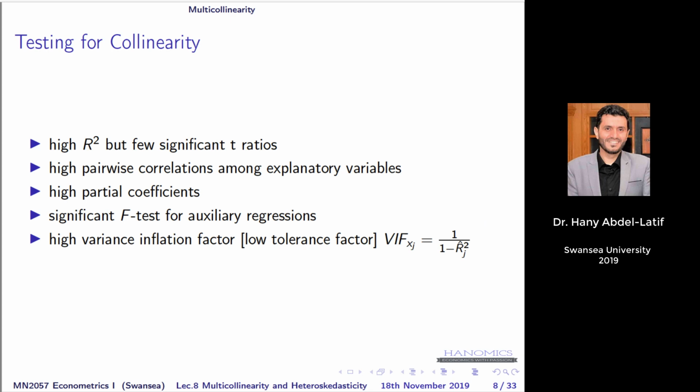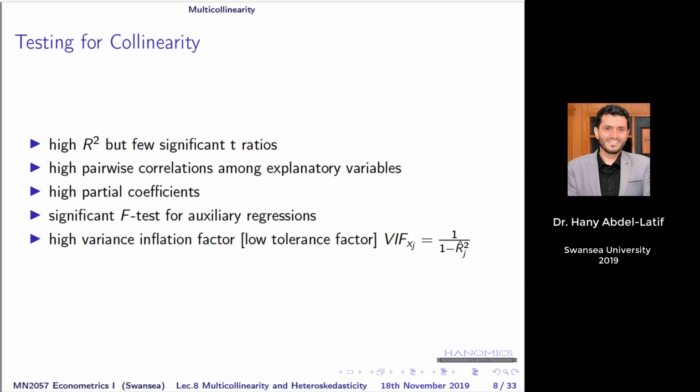So how to test? So far we talked about signs. There are different things that you could actually do. These are not a formal statistical test, but things that you can do to figure out whether you have multicollinearity or not. Okay?